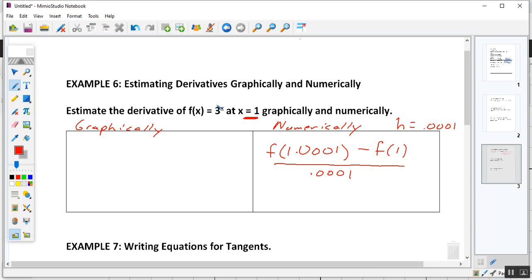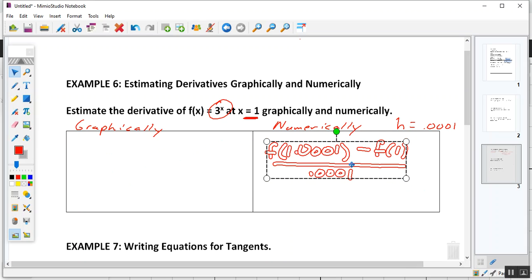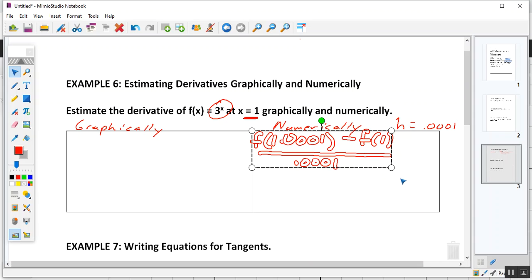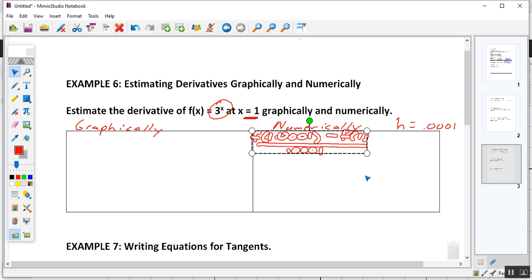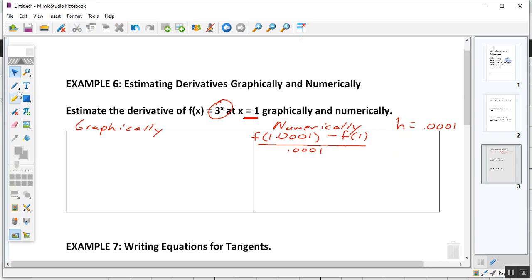Now into this function, 3 to the x, what did we get for the 1.0001? In other words, we take 3 to the 1.0001 power. What did you get yesterday? 3.296, where we did this whole thing.